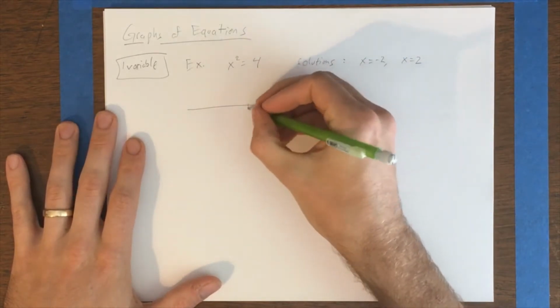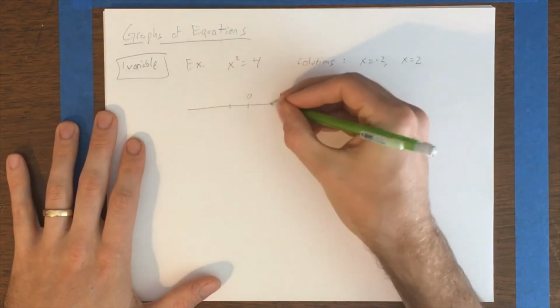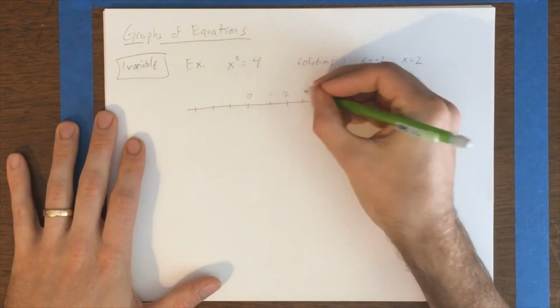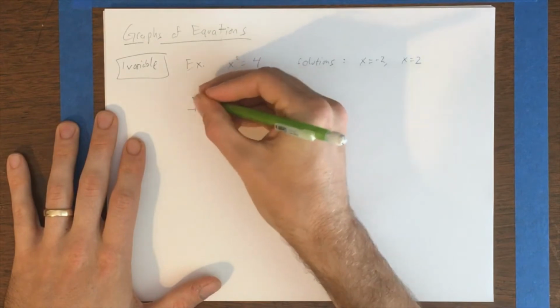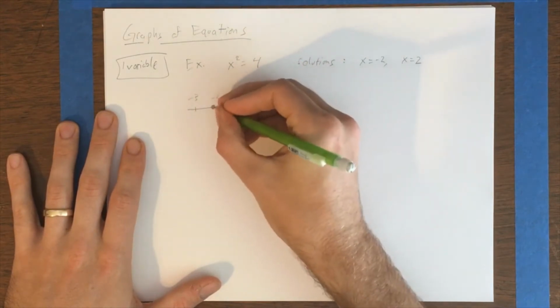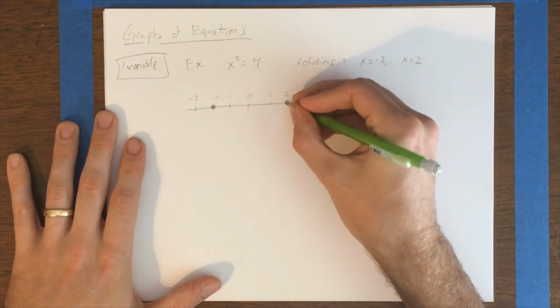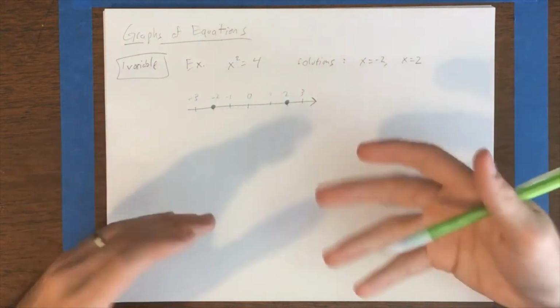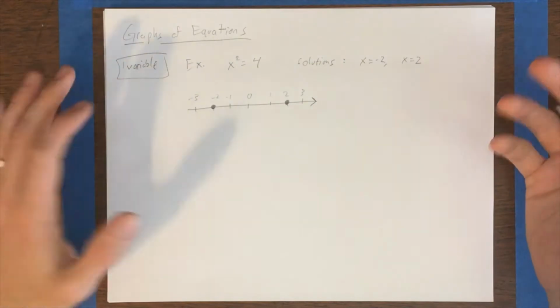So somewhere in there we've got 0, 1, 2, 3, -1, -2, -3. So I would simply plot this point and this point. Okay, so that would be the graph of that equation in this one-dimensional continuum.